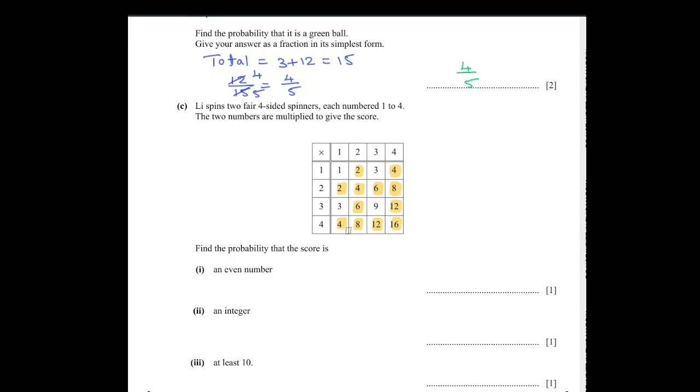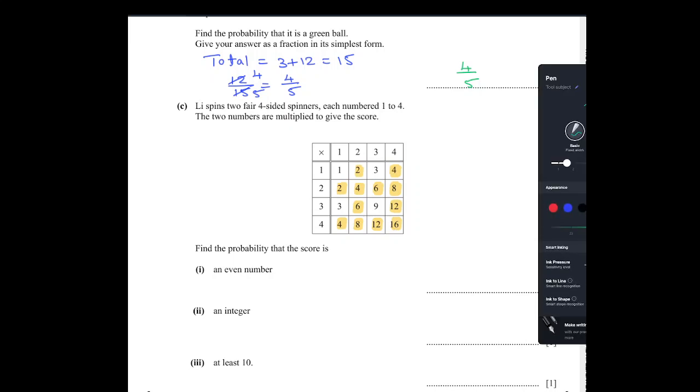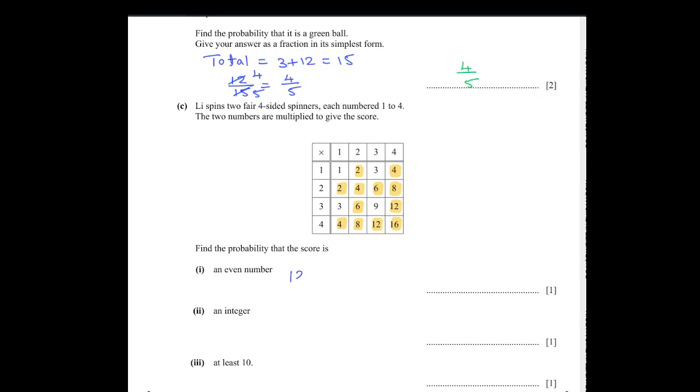Total outcomes are 16 and the number of even scores is 12. So 12 out of 16 will be, 2 6s are, 2 8s are, 2 3s are, 2 4s are. So 3 by 4 is the probability.